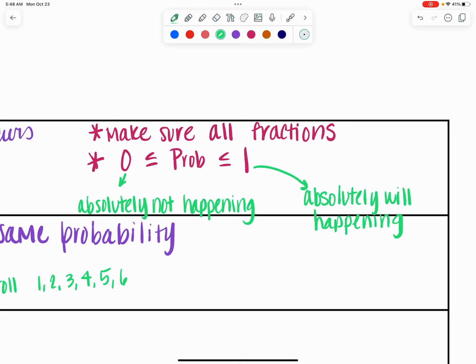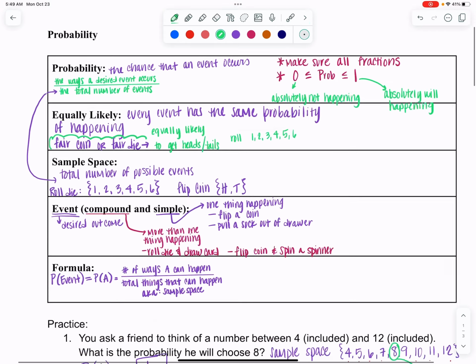So 0 is the probability of it raining elephants at noon today. 1 is the probability of death and taxes occurring in your life. If you get a probability of 5 or 1.7 or -3 or 4.9, you did something wrong. Your probability value should always be between 0 and 1 inclusive.